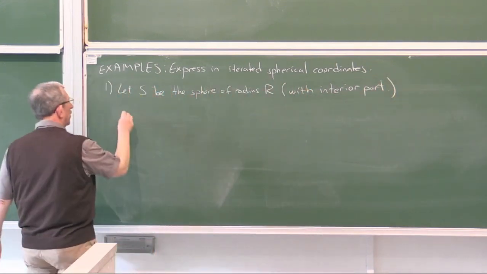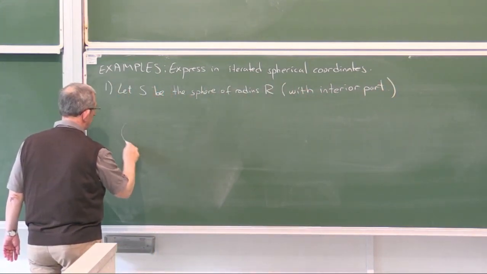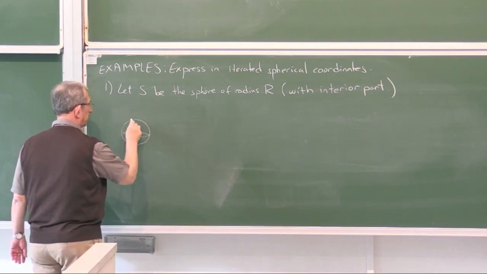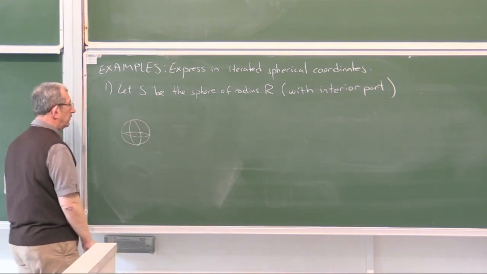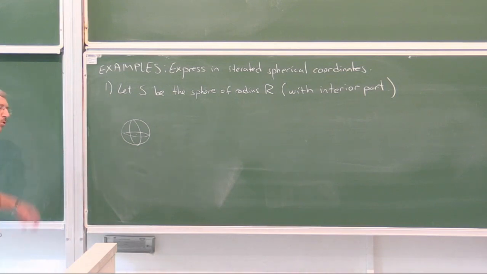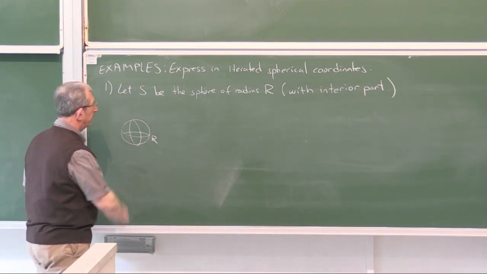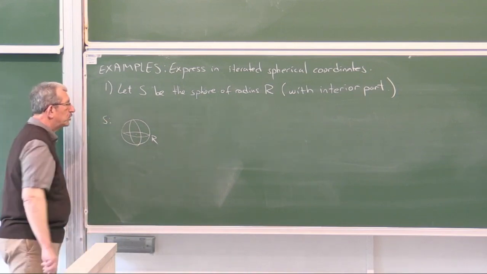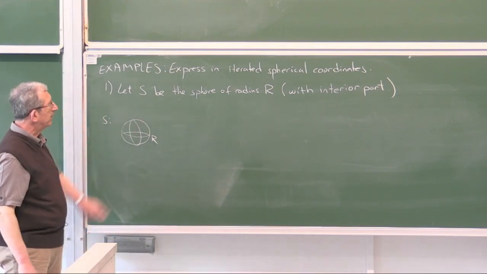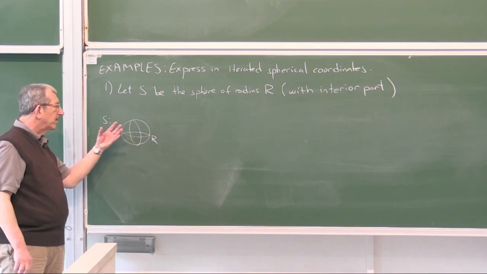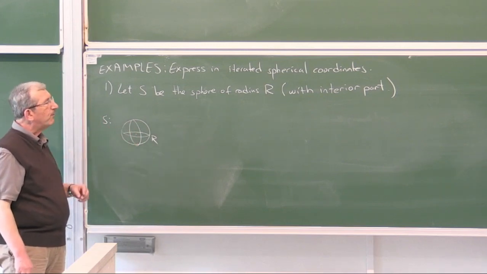Okay. So we have then a sphere, and we have a function, of course, which we want to integrate in triples, and this is an R radius solid in space. And we want to write it in iterated form.